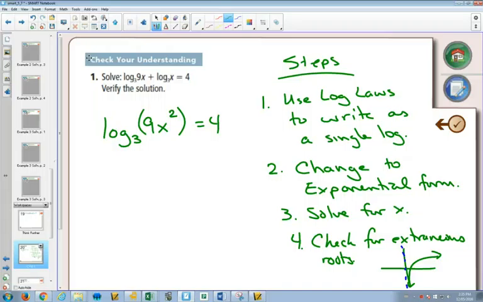So there's step 1. We used our log laws and wrote it as a single log. Once you have it as a single log, your definition of a logarithm says you can write this in exponential form. The base is 3. The exponent, 4, is equal to the answer, 9x squared. 3 to the 4 happens to be 81 from your powers chart.